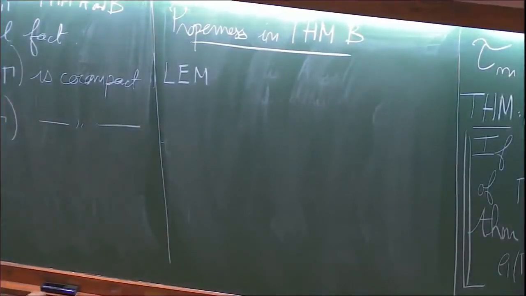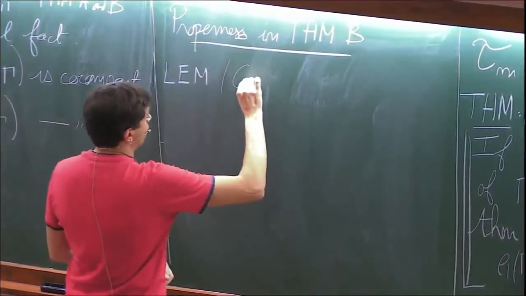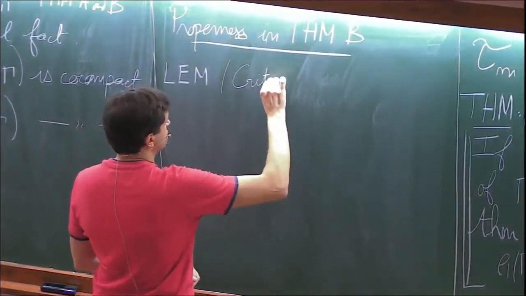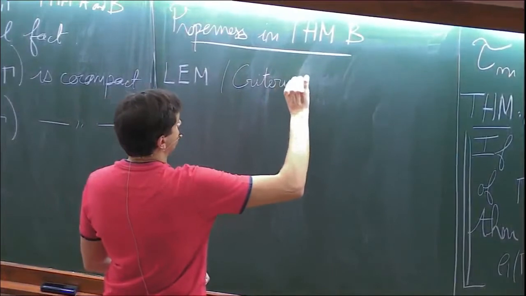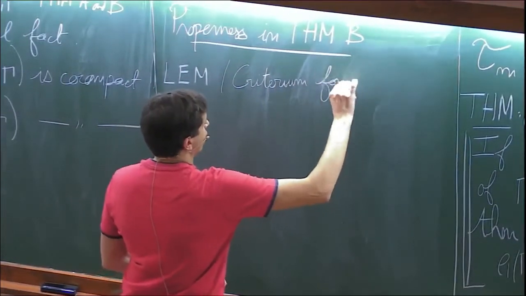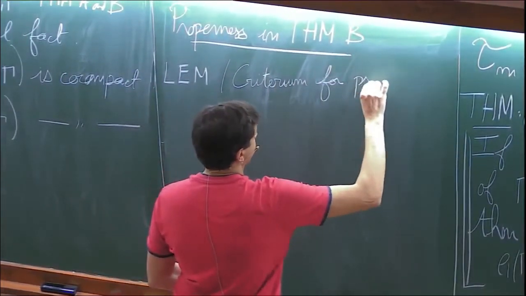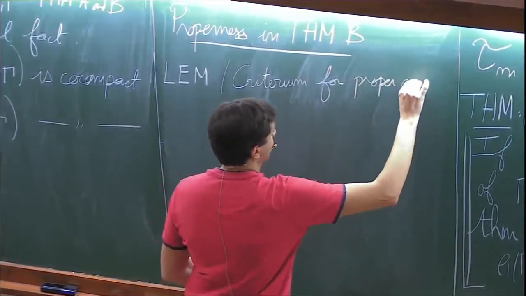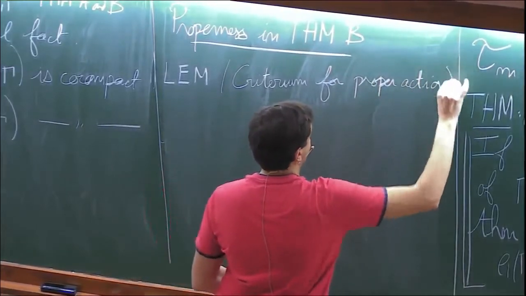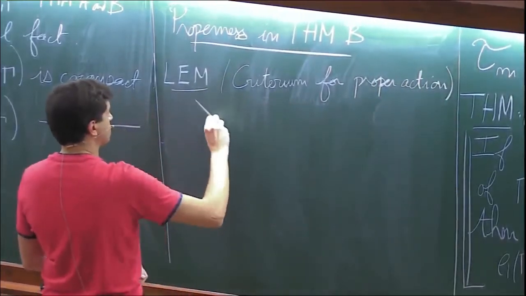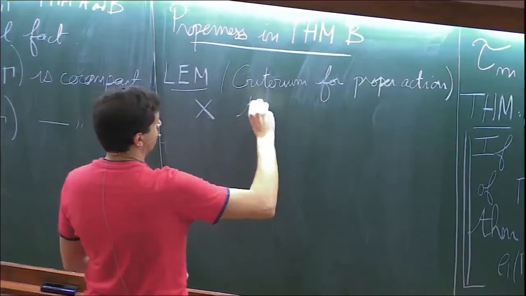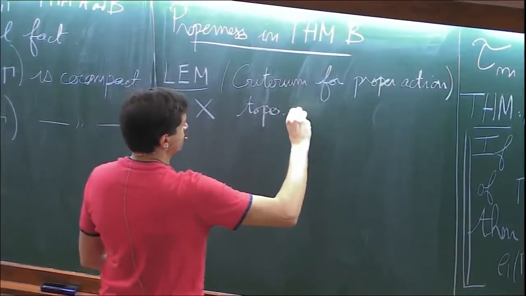This is a lemma that is, I believe, due to Charles Français, a criterion for proper action. So I have X, a topological space.